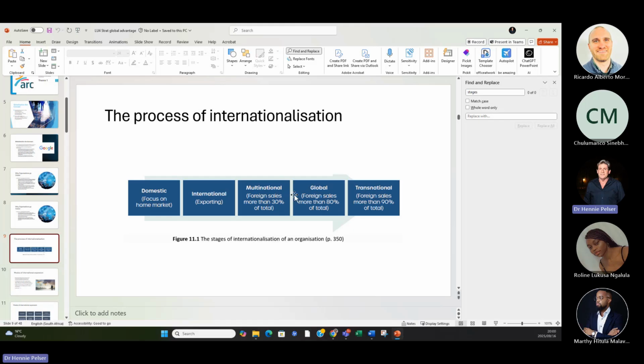And then your global companies, and this is where you have a significant footprint across the globe, 80%, and then a transnational 90%. It's very difficult to find proper transnational companies because of some of the limitations imposed by other countries. But Google certainly would fit into that.